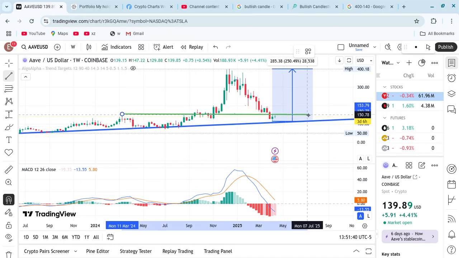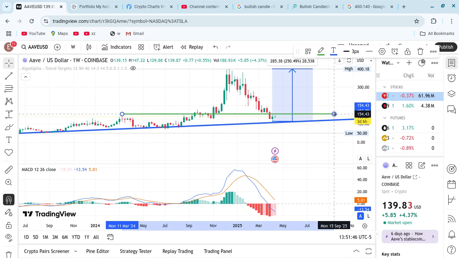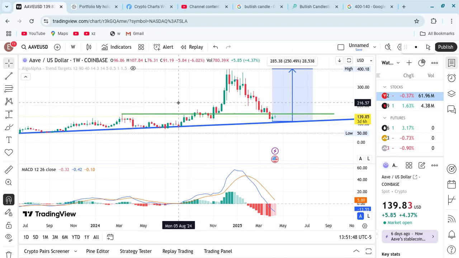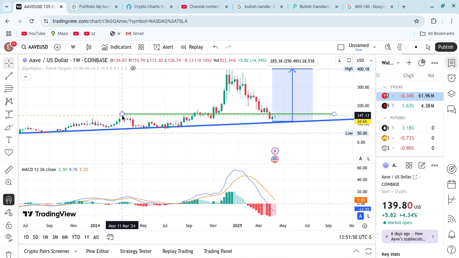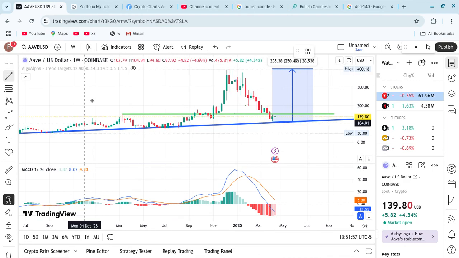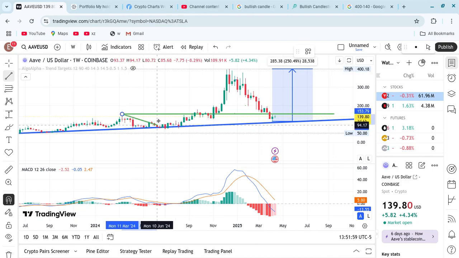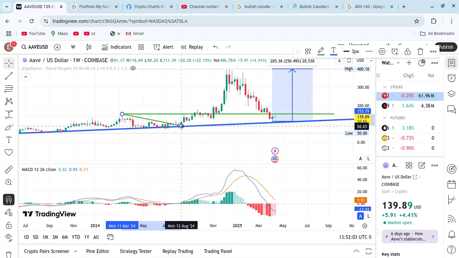So this is the level that I was watching, around 252, and this 152. Why this cap? Remember, in May 2024, in March, this was our top. We moved sideways on this coin before, remember, we are using weekly, before the breakout which happened in August, and since August it went all the way.